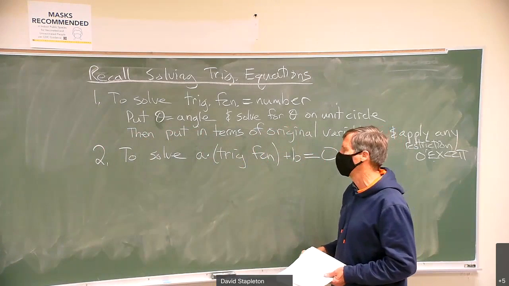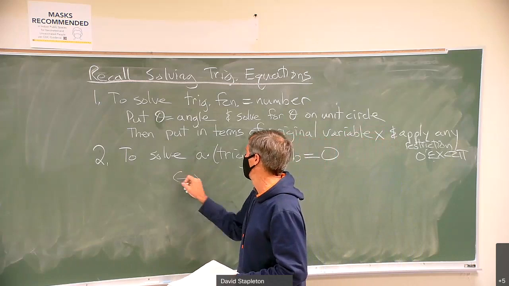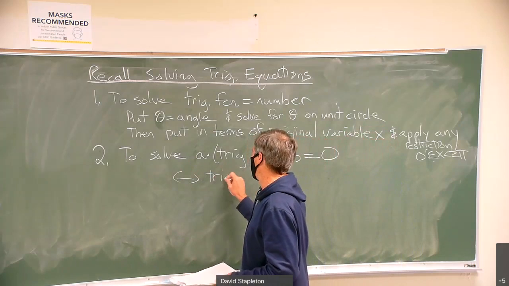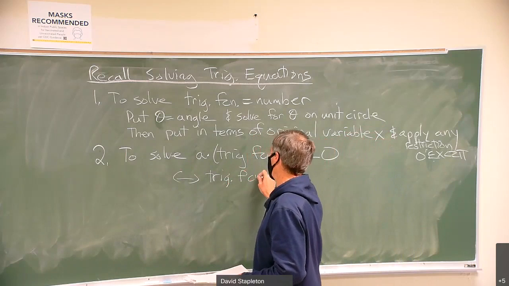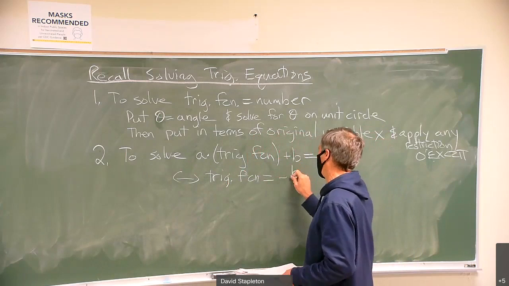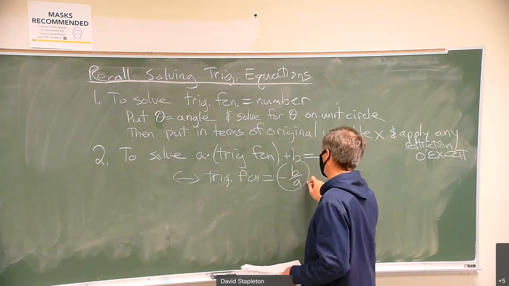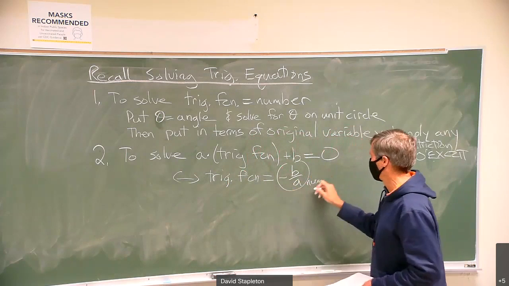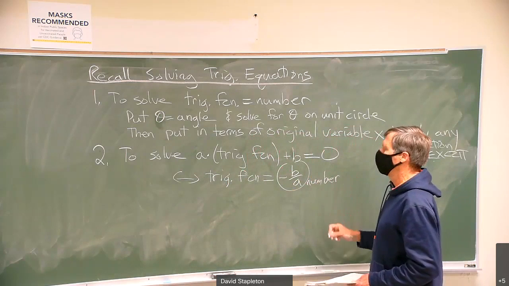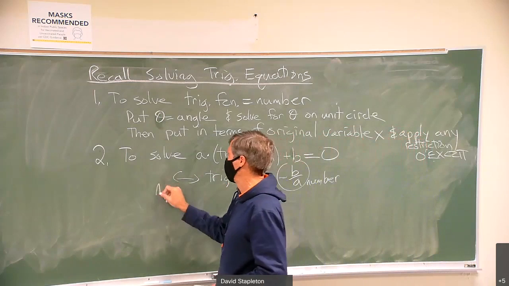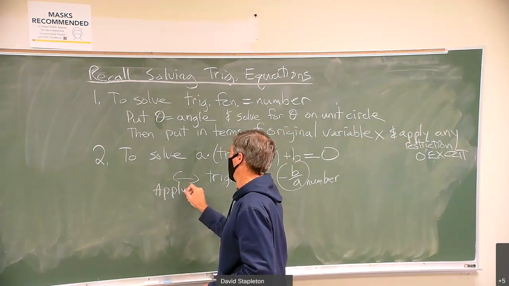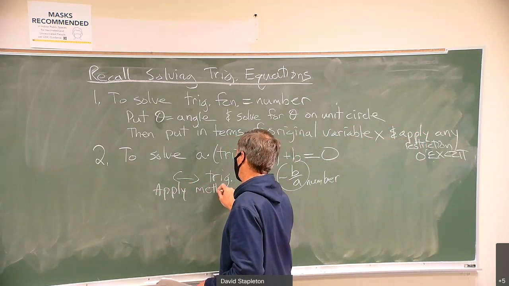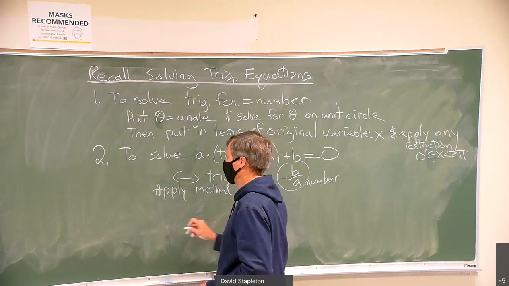Now what do you do? You write it equivalently by subtracting b and dividing by a: trig function equals minus b over a, which is now a number. Oh, it's trig function equals a number. Apply method 1. So you just put it into that form, trig function equals a number.